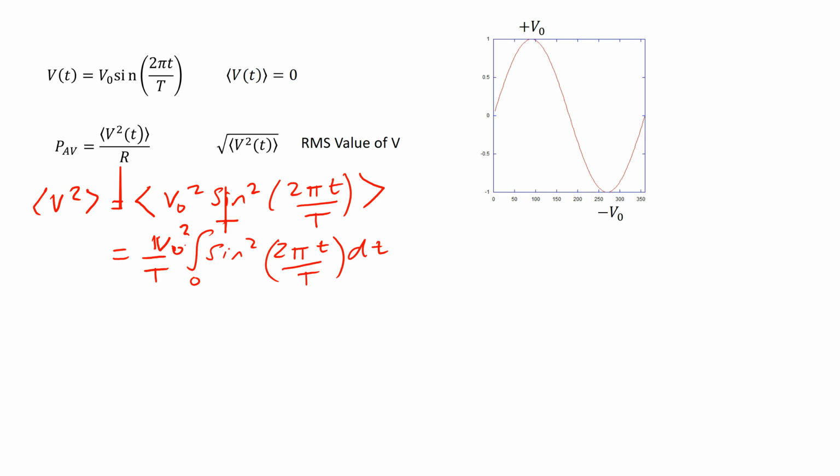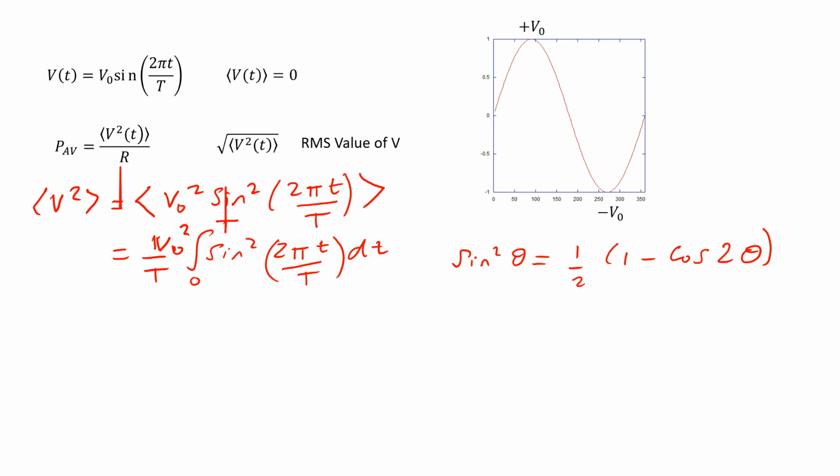Okay, now this is a rather awkward integral because we have a sine squared, but recall from the addition formulae that sine squared of theta is 1/2 of 1 minus cosine of 2 theta.